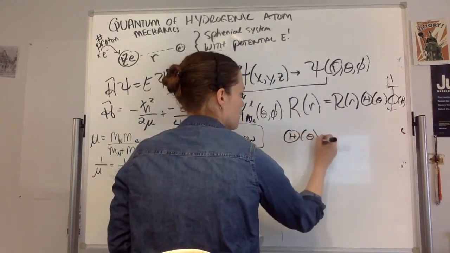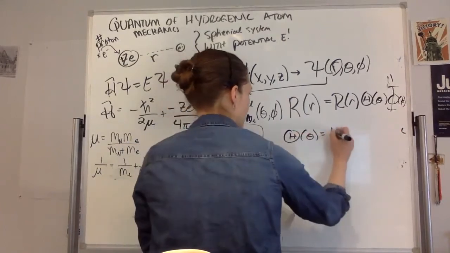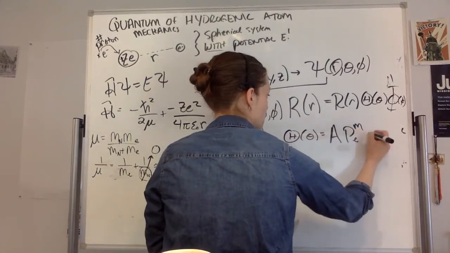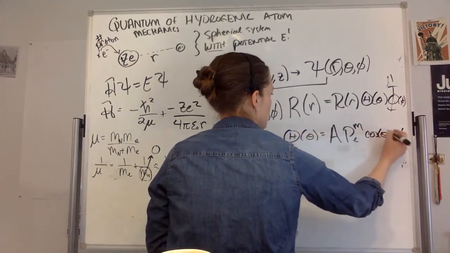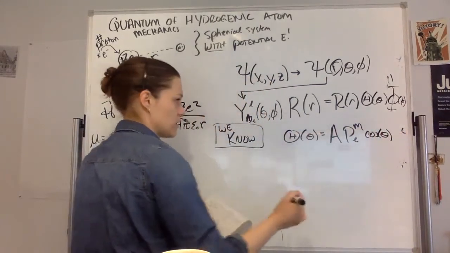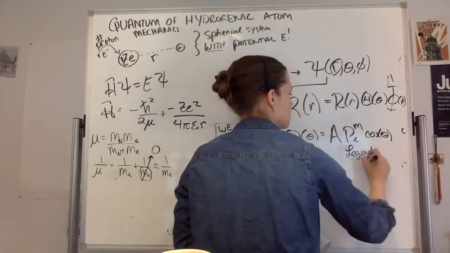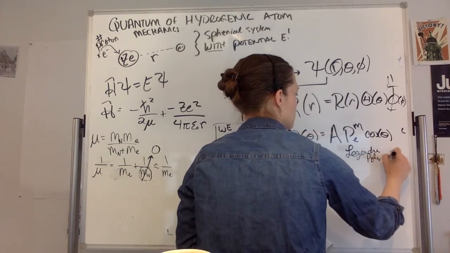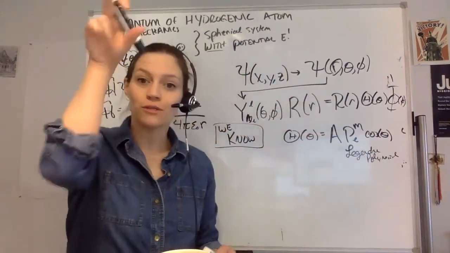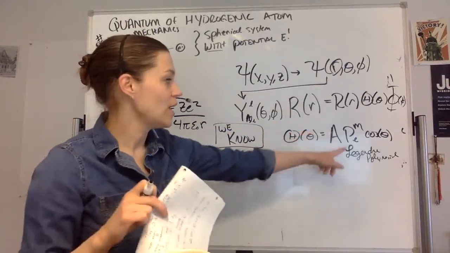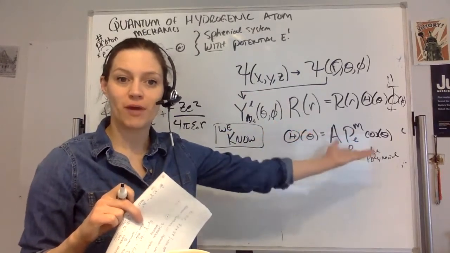Theta, the function, is represented by a constant A multiplied by the Legendre polynomial. You go to the table, you look up the polynomial associated with the l and m sub l values that you're wanting, and you plug it in, and you have your function.